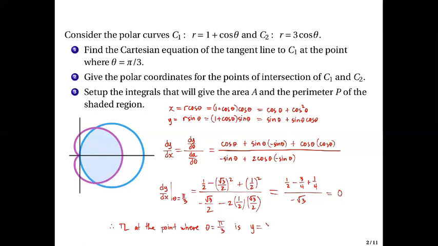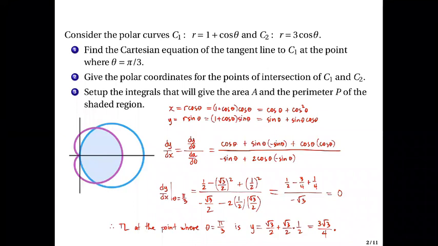Here you have square root of 3 over 2 plus square root of 3 over 2 times 1/2. If you simplify this, this is 3 square root of 3 over 4. Sorry, 3/4 of square root of 3. So this is the equation of the tangent line.